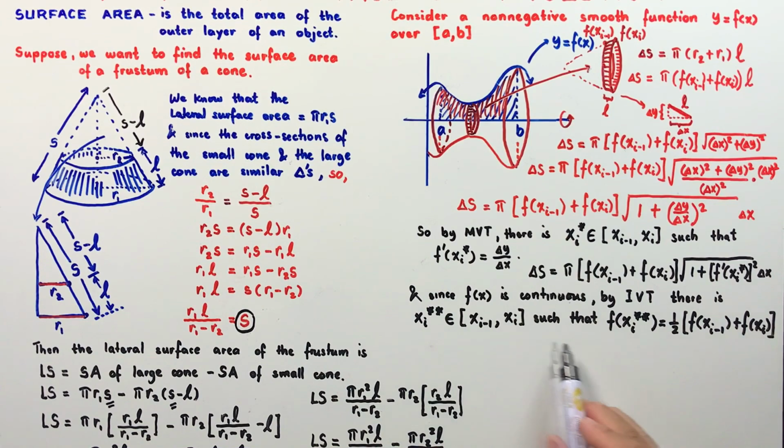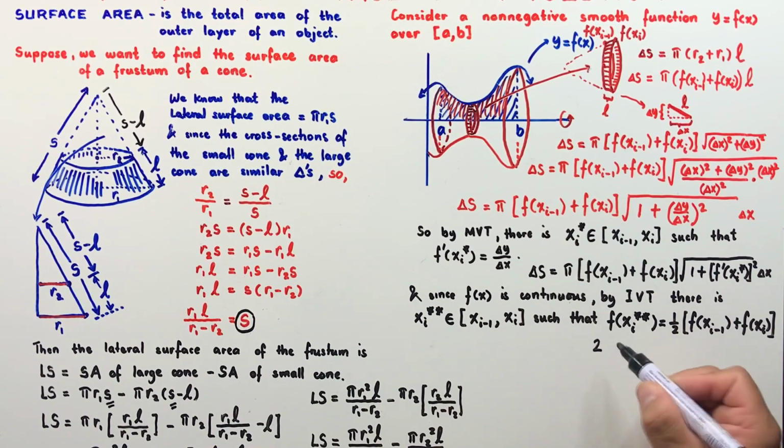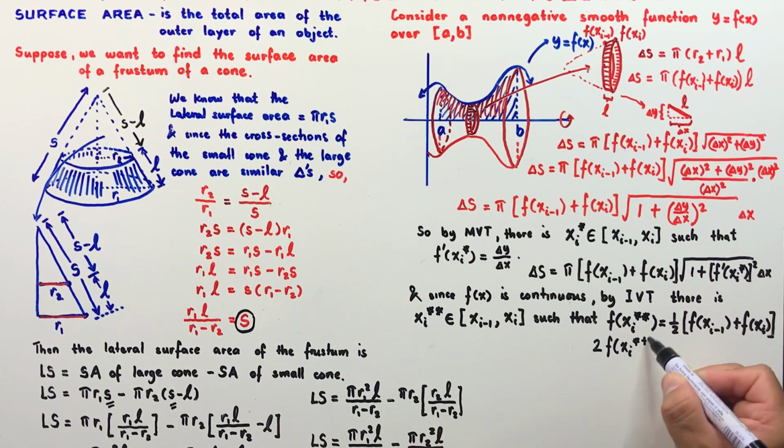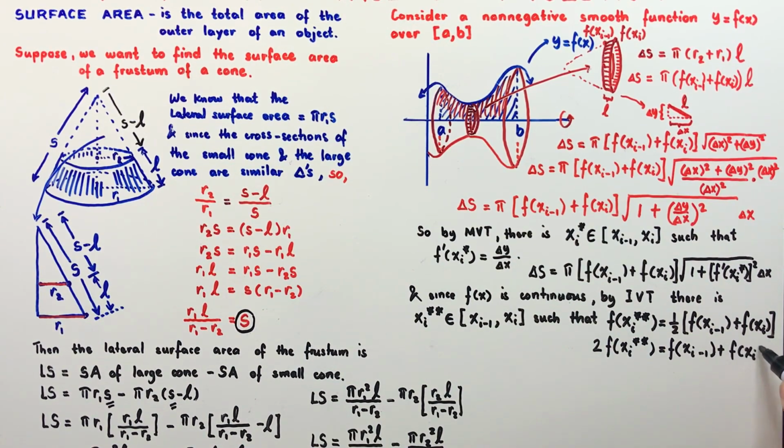And we know this one, the intermediate value theorem, from our previous Calculus 1. And then multiplying both sides of the equation by 2, we have 2 times f of x sub i double asterisk is equal to the sum of f of x sub i minus 1 plus f of x sub i here.